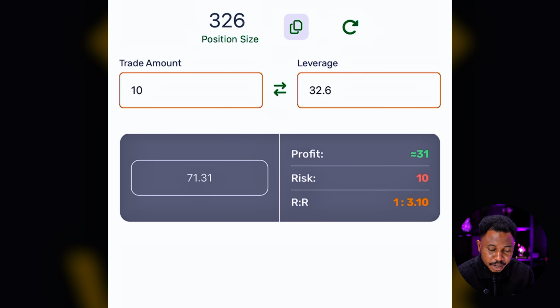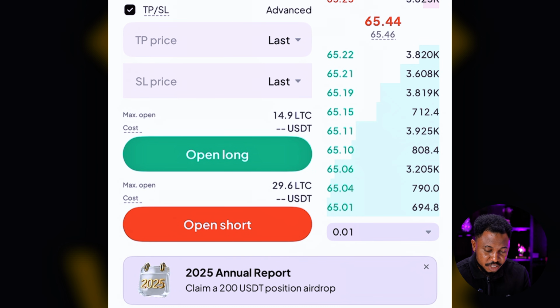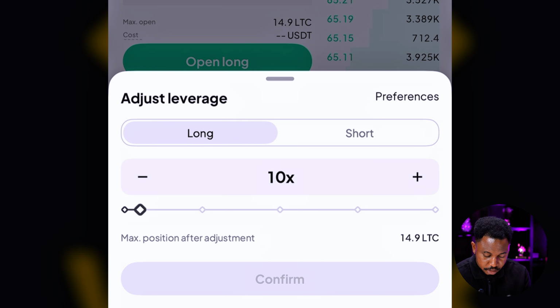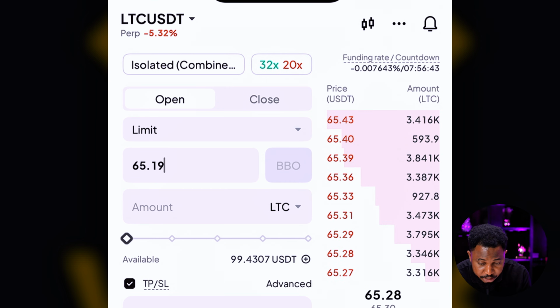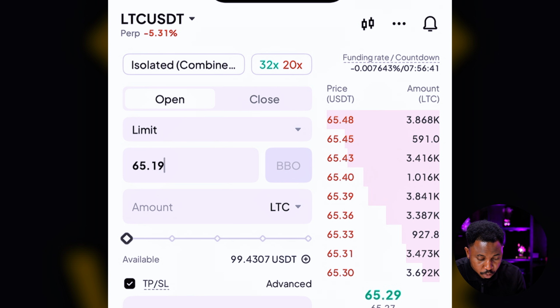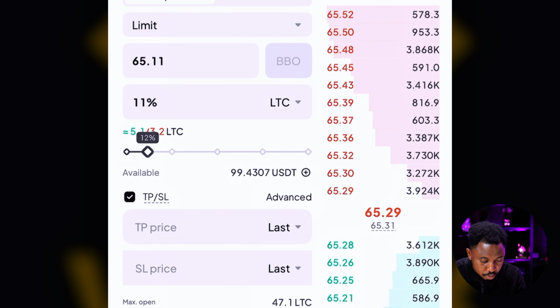Okay, so with that in mind, since we've gotten our leverage, I'm going to do 33x. So I just drag this forward and do 32.6x, but I can't do the .6, so I'm just going to do 32 and put in my entry price, which is 65.11. I'll drag this to, I want to use 10% of my money, so it's at 10%.